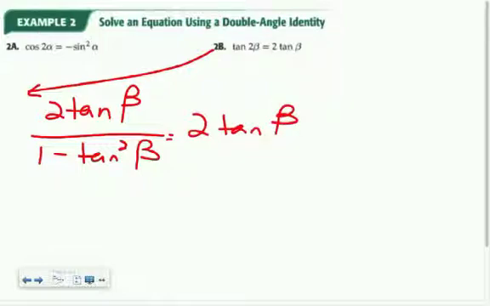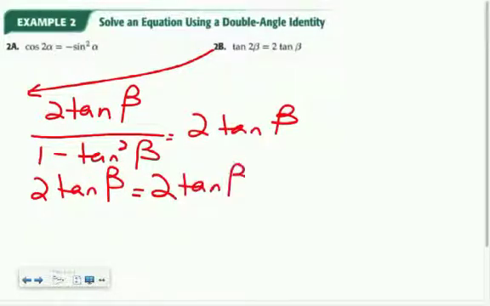If I multiply both sides by 1 minus tangent squared of beta, that'll get rid of having a fraction. So I'll have 2 tan beta equal to 2 tan beta times 1 minus tangent squared of beta.